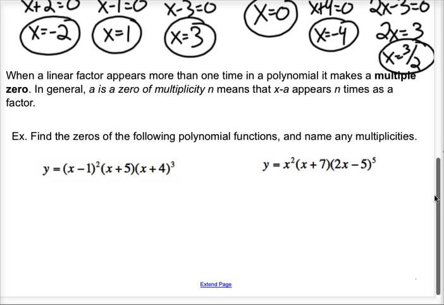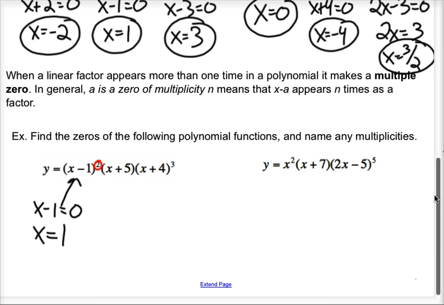So, looking at this, we're going to do the same thing. So, this right here, that x minus 1, is going to create a 0 at 1. Now, what I want you to notice, though, is notice that squared on that factor. Okay?